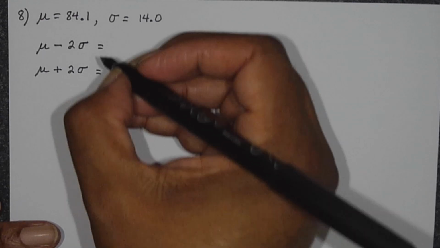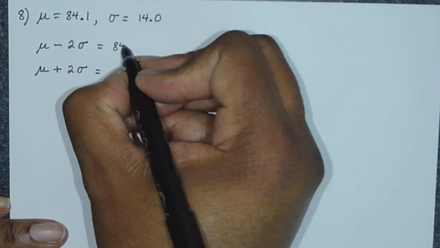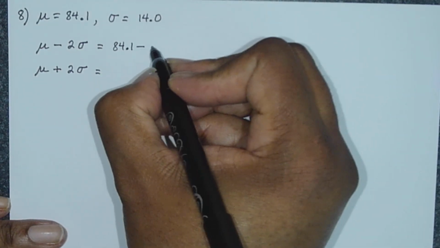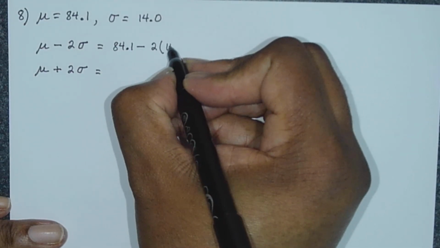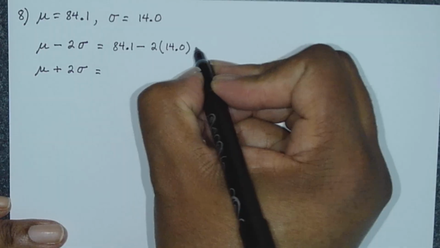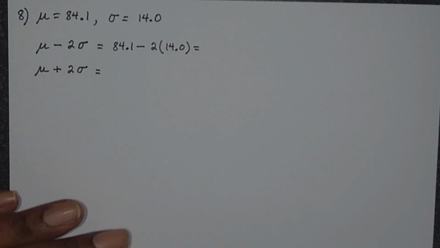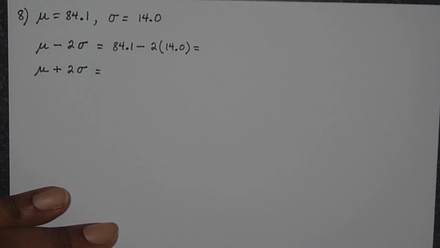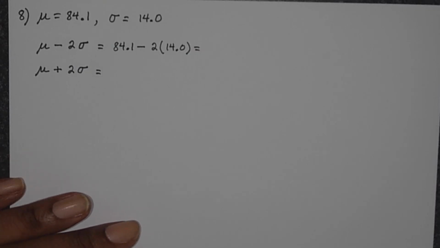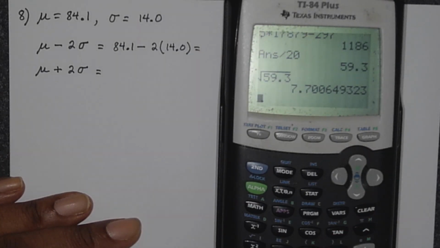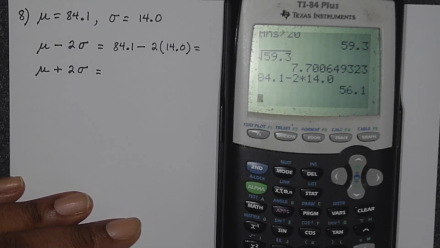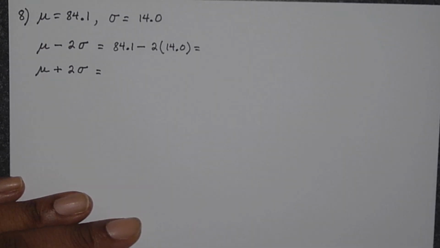So our mu was 84.1 minus 2 times sigma, the standard deviation of 14.0. Using our calculator, 84.1 minus 2 times 14.0 gives us 56.1.